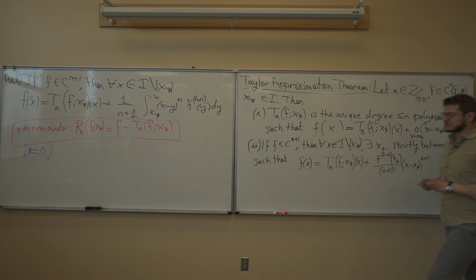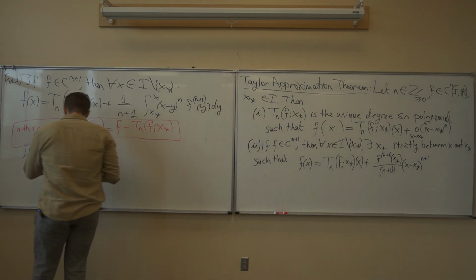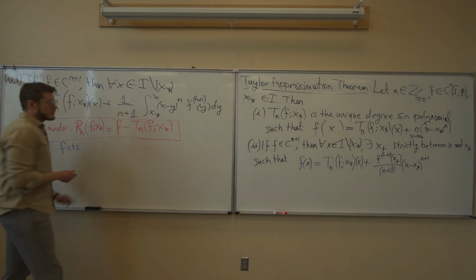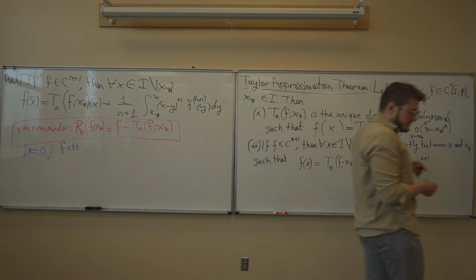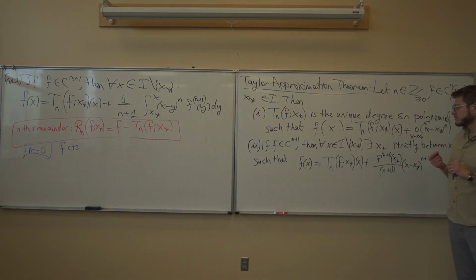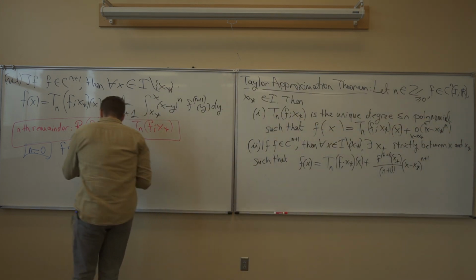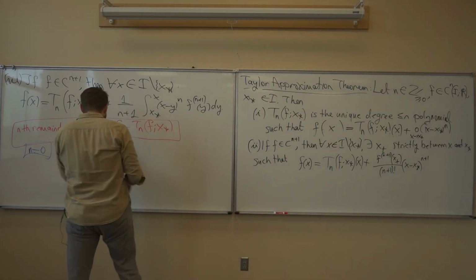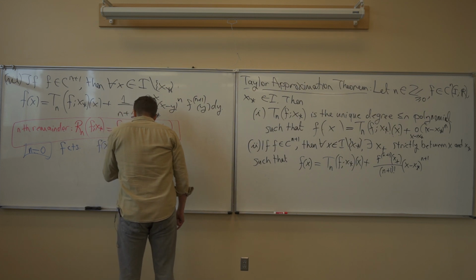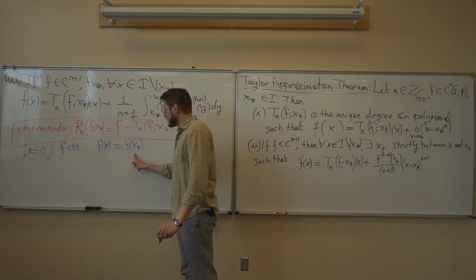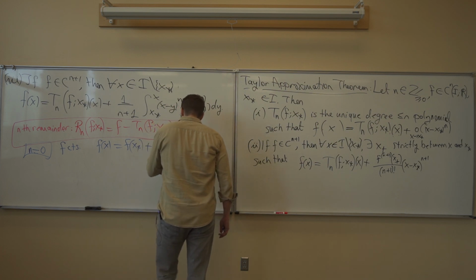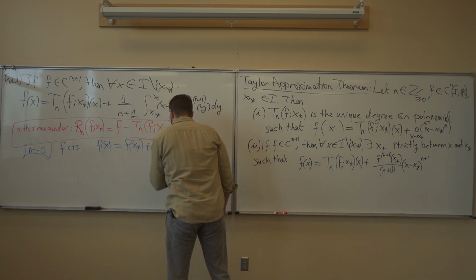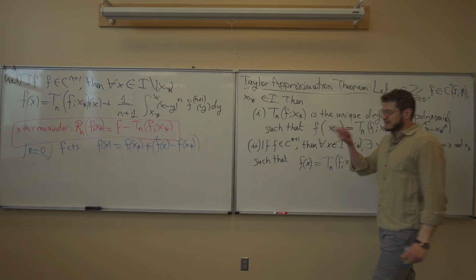The zeroth polynomial is nothing but f of x star. So what does the first item say? Well, f of x is the same thing as f of x star plus f of x minus f of x star. I can write it like this.